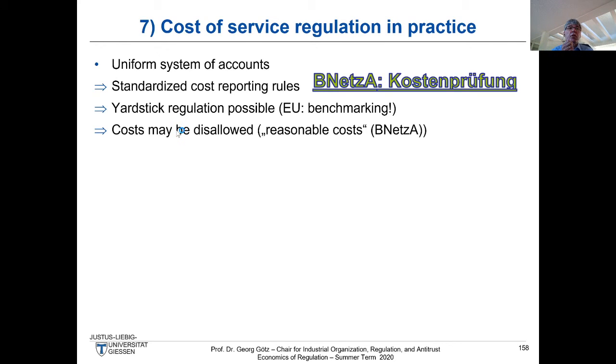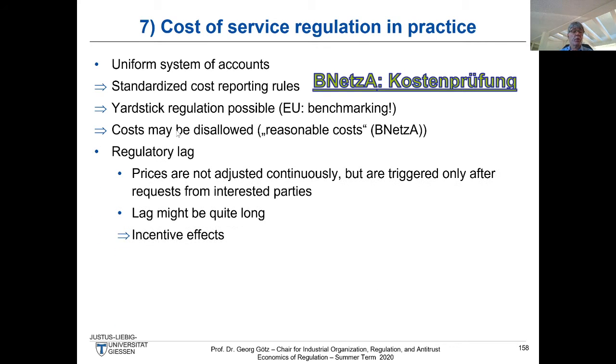But typically, or very often, there might be costs where it's not clear that they are reasonable. The regulator will typically check whether these costs are reasonable. We will discuss that later on. There's also the discussion whether the respective efforts or investments are really used and useful. But we will get back to that later on.